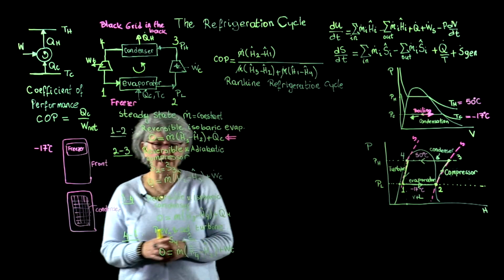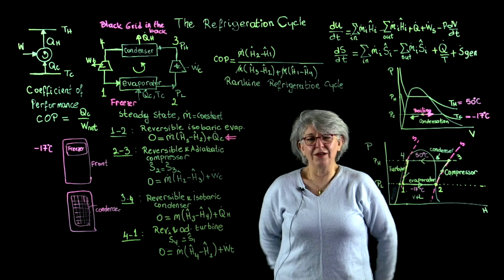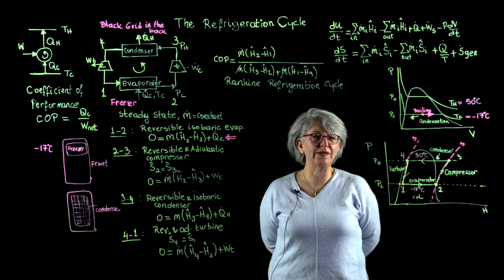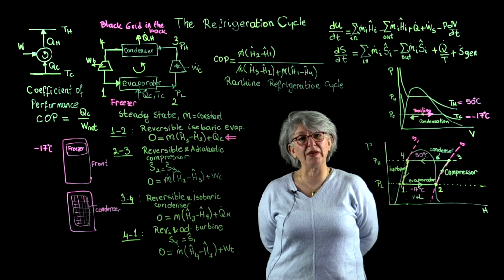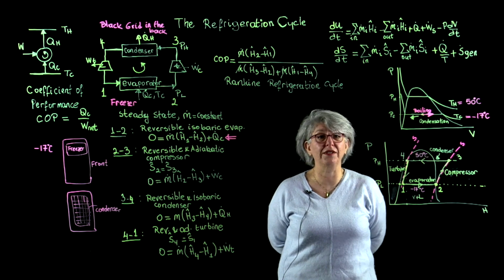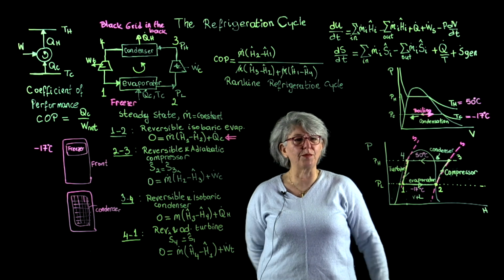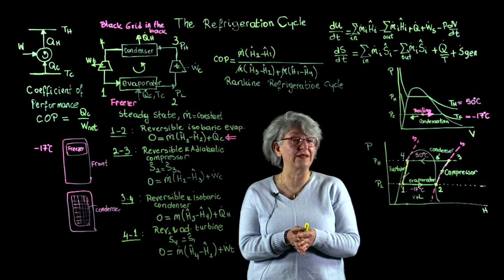Now, when these refrigeration cycles have been invented, of course, we had to resort to the natural fluids, and the fluid of choice, refrigeration fluid of choice, was ammonia. Ammonia actually indeed is a good refrigeration fluid. Why? Because its boiling point at atmospheric pressure is minus 33 degrees Celsius.